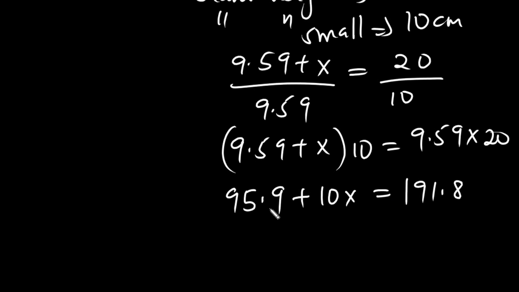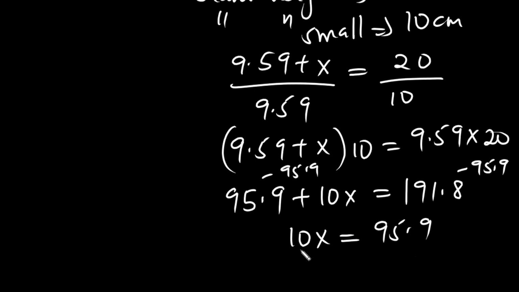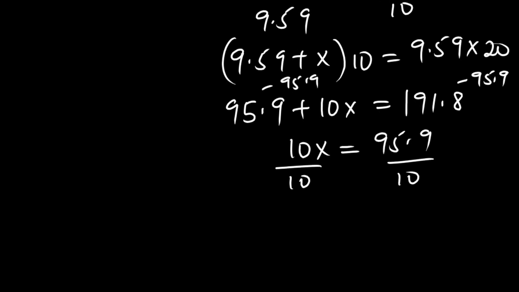Collecting like terms, we subtract 95.9 on both sides. So 10x is going to be 95.9. If we divide through by 10, x is going to be 9.59 once again. So that is the value of x.